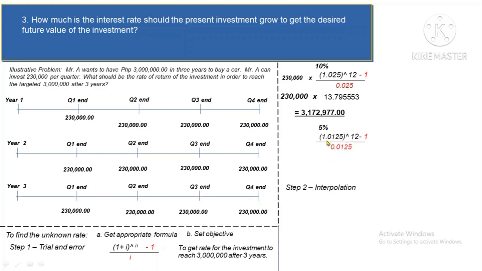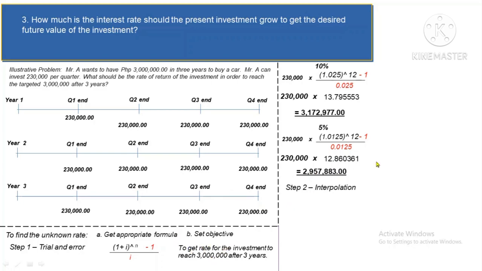So 1.0125 raised to the power of positive 12 minus 1 divided by 0.0125. So we will have 12.8603361. You multiply that again with the quarterly investments of 230,000, then you are going to get 2,957,883, which is slightly lower than the 3 million that we are aiming for.